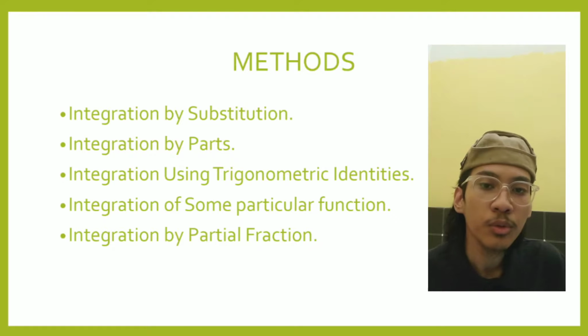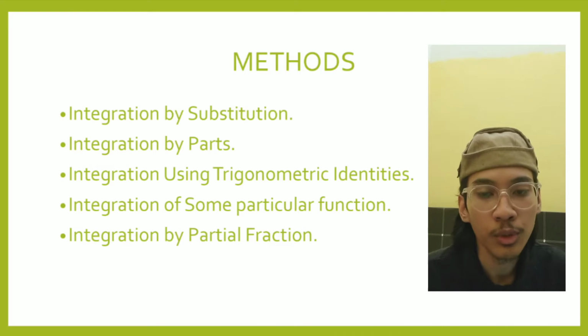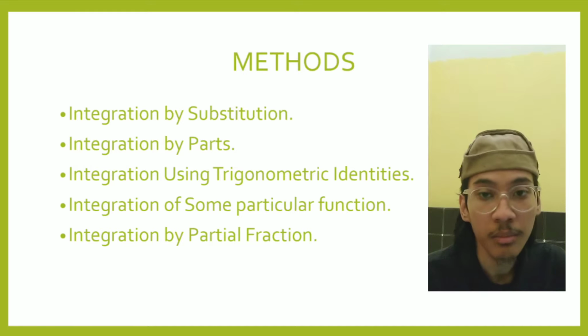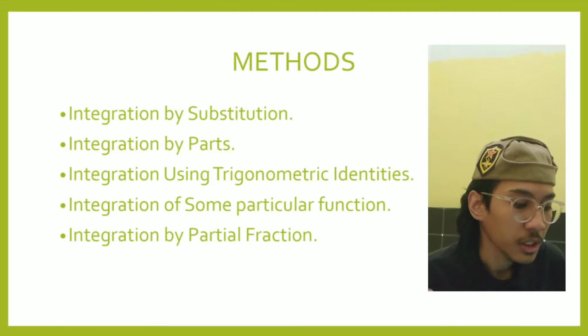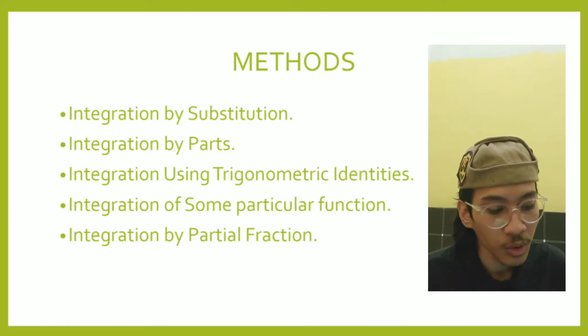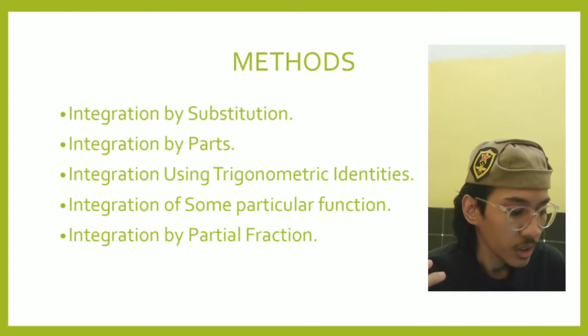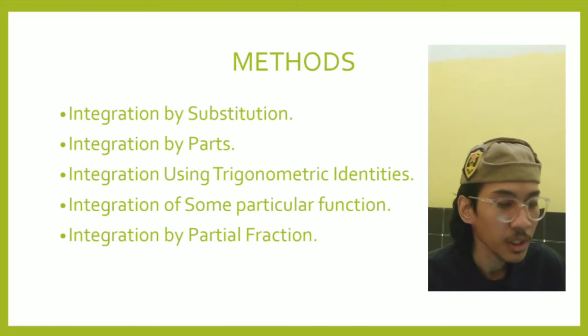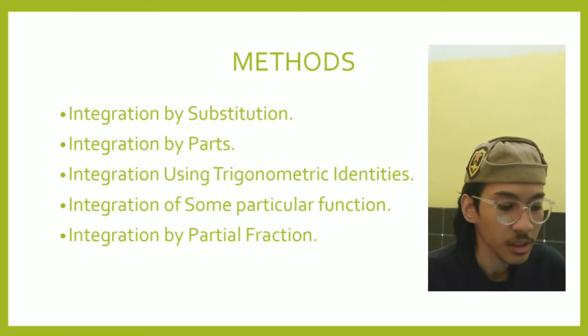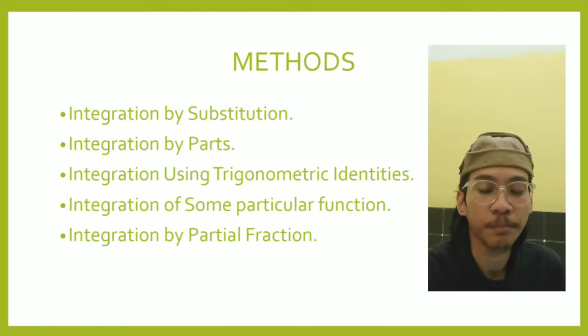There are a few methods that we can use for integration, which are integration by substitution, integration by parts, integration using trigonometric identities, integration of some particular functions, and lastly, integration by partial fractions.